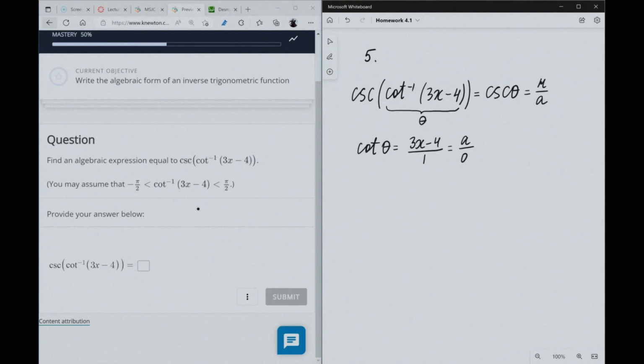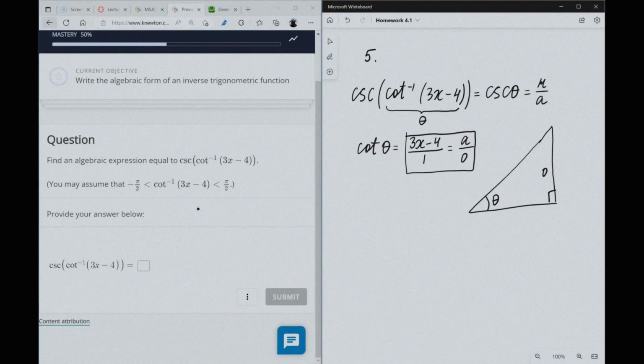So we're going to draw a triangle with angle theta, and label the opposite side as 1, the adjacent side as 3x minus 4, and then use the Pythagorean theorem to find the hypotenuse. And now we are ready to write the answer. So the cosecant theta will be the hypotenuse, which is the square root of 3x minus 4 squared plus 1, divided by adjacent side, which is 3x minus 4.